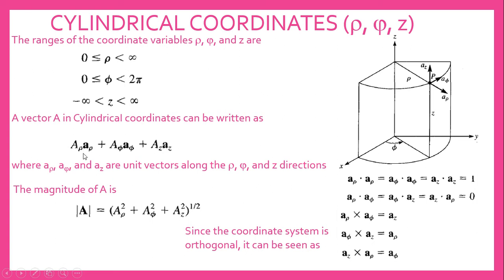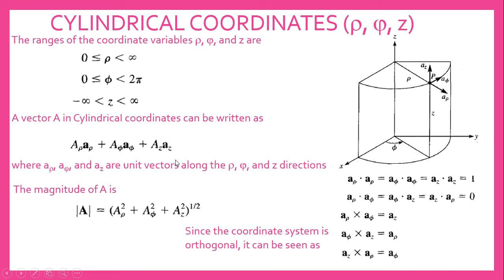Here, a rho, a phi and a z are unit vectors acting in the rho, phi and z directions. Likewise, the magnitude is found using the equation square root of a rho square plus a phi square plus a z square.